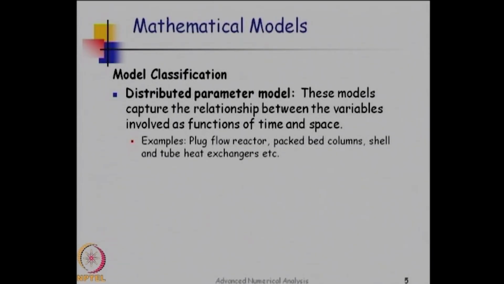By this classification, we are looking at two classes. One deals with variation in time and space. Distributed parameter models capture relationships between different variables, not just in space but also in time.